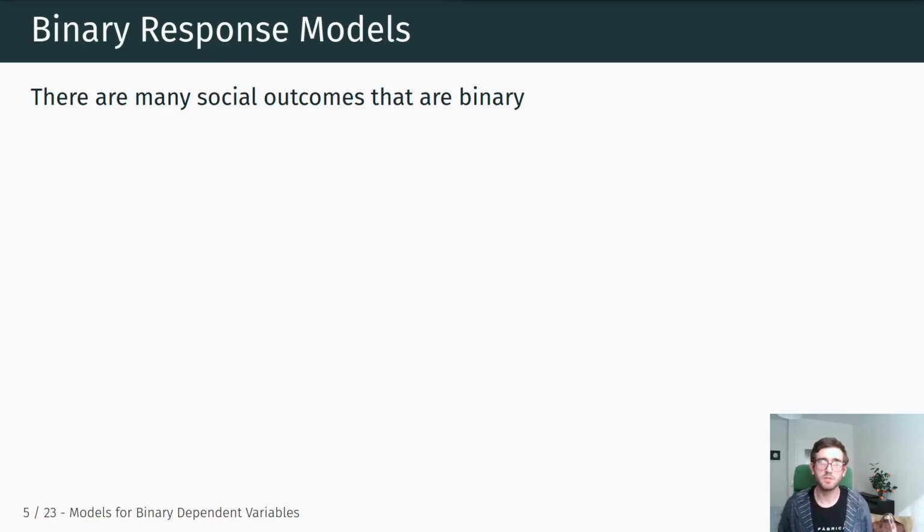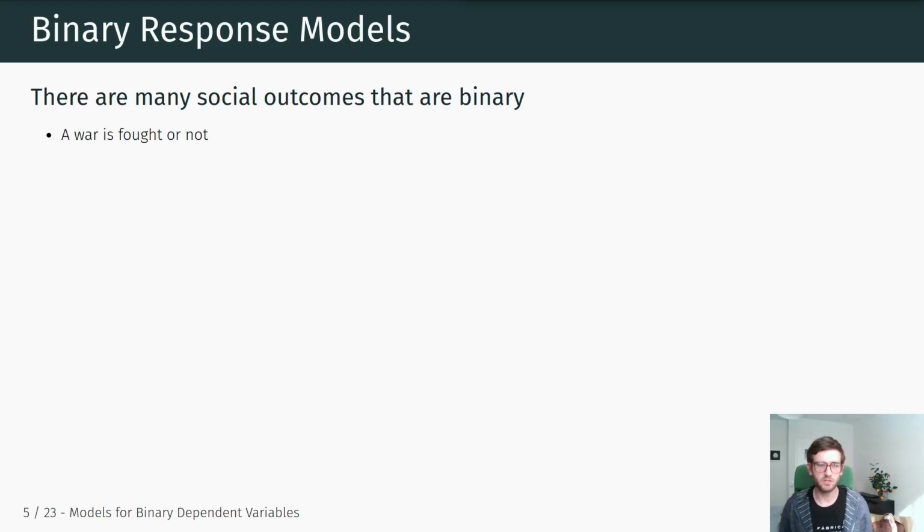And this is really important because there are many outcomes in social science and the political sciences that are binary, where we only have two discrete outcomes that we can measure, right? And this goes across disciplines and across different substantive subfields in political science, right?